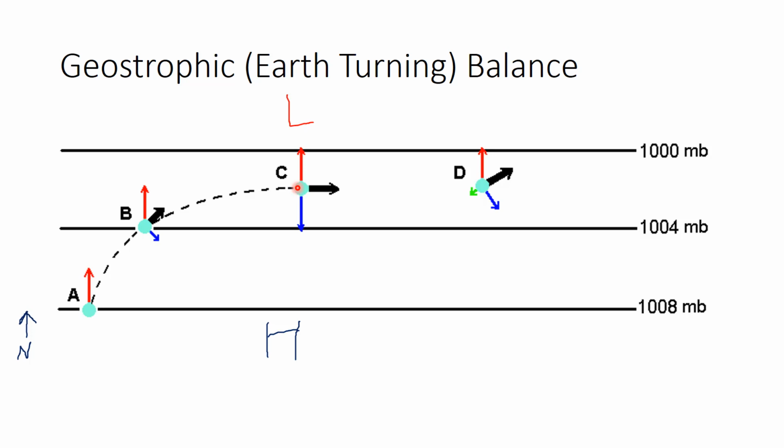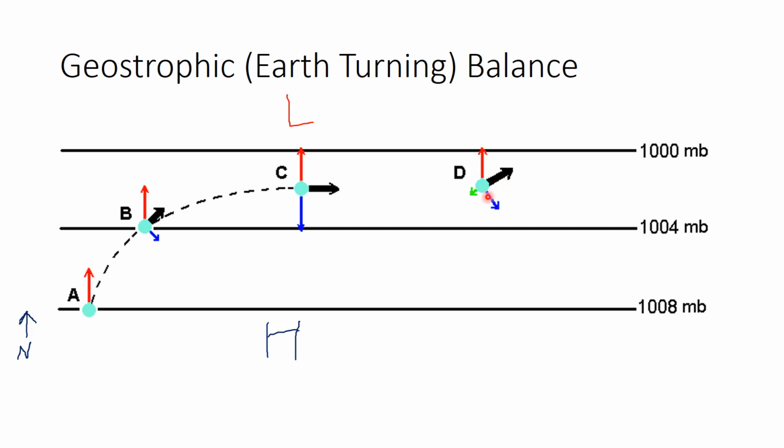The only thing that's going to change the speed of the particle is if the pressure gradient force weakens or strengthens, or if the particle is near the surface of the Earth. Here at point D, this demonstrates a particle near the surface of the Earth. The way that a particle near the surface of the Earth works is, you've got the pressure gradient force pulling the wind towards low pressure.